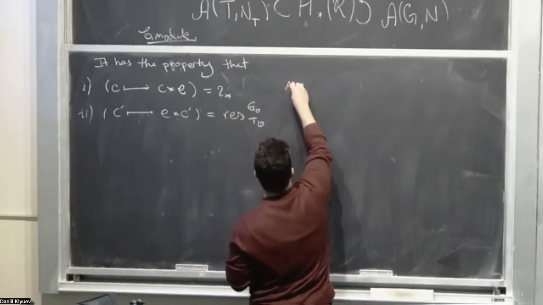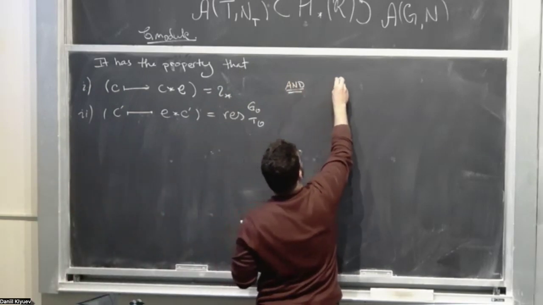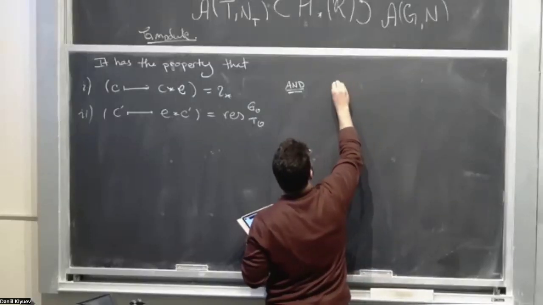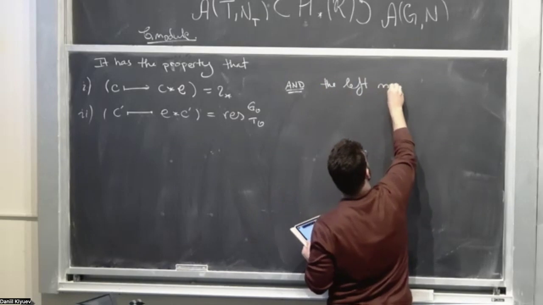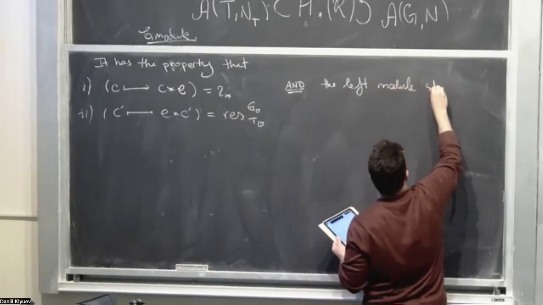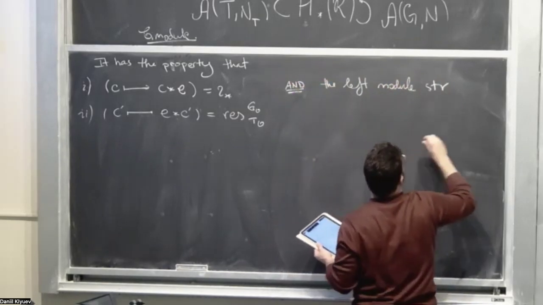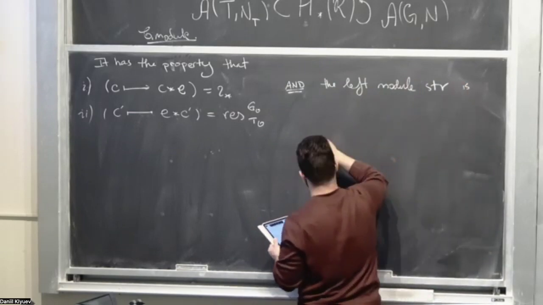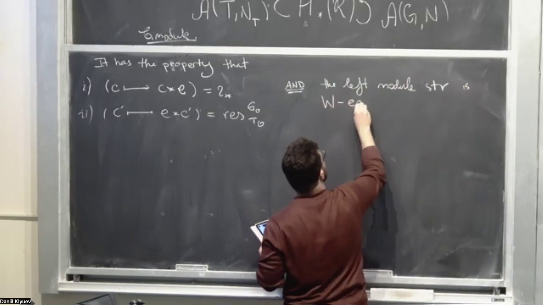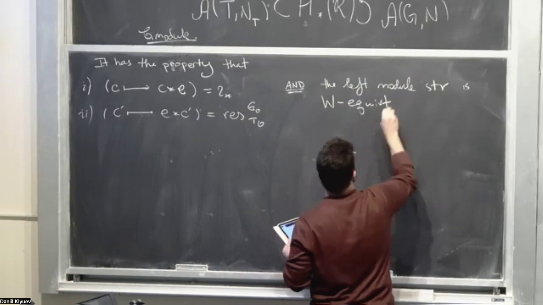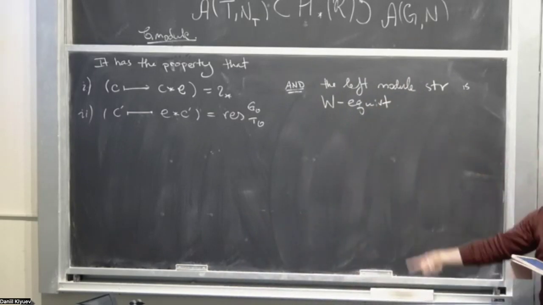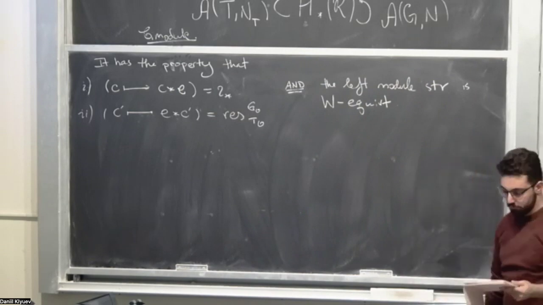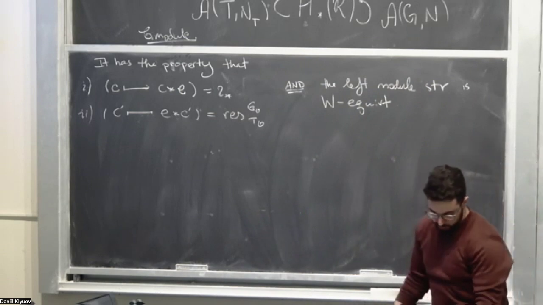And so the left module structure, the abelian one acting on that, is W equivariant. This is because when you draw the convolution diagram, it's going to be equivariant with respect to the normalizer of the torus. It's not a mystery.